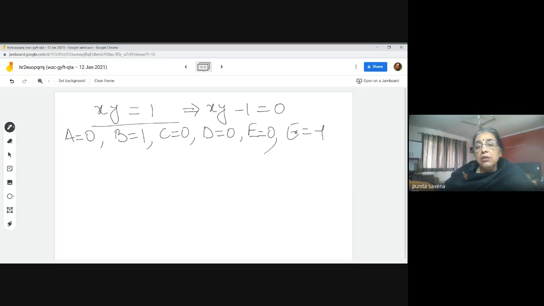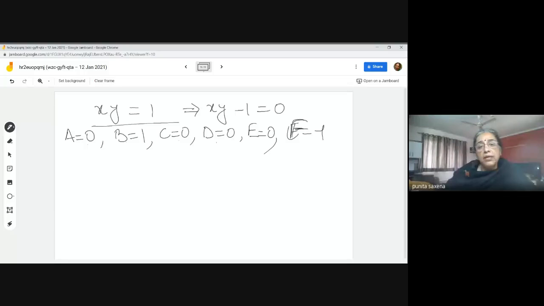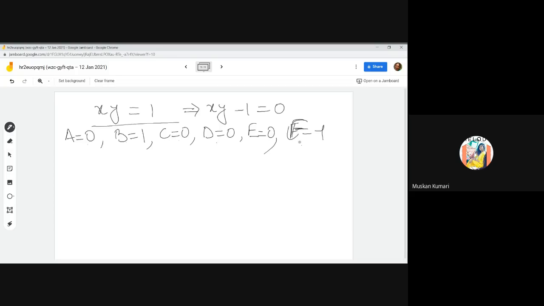So E is 0 and F is minus 1. The general equation is Ax square, Bxy, Cy square, Dx, Ey and F is the constant term. Is that okay?